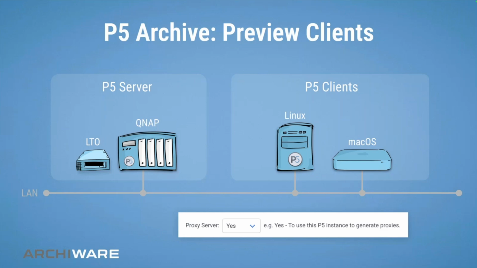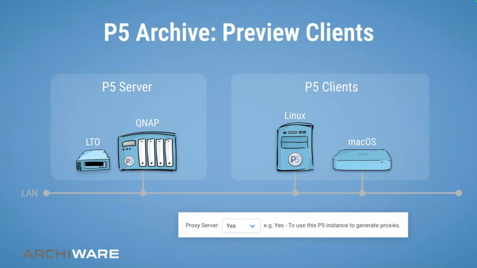Now, the way this works: if the QNAP is archiving a file, then the clients need to be able to access that file in order to render the preview. The clients will use the same path that the server sees to the file in order to grab it, generate the preview and then put that preview in the index.